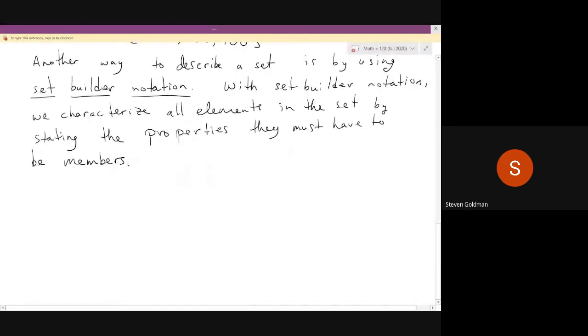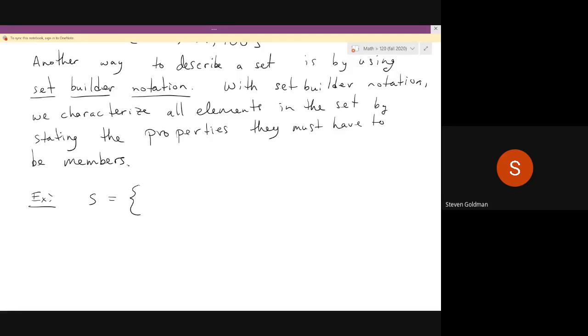Okay, so for example, another way to list a set. Let's say I have a set S. Okay, and this set is going to be a set of all positive integers less than or equal to 10. So that would be the numbers 1 through 10, which we did before.